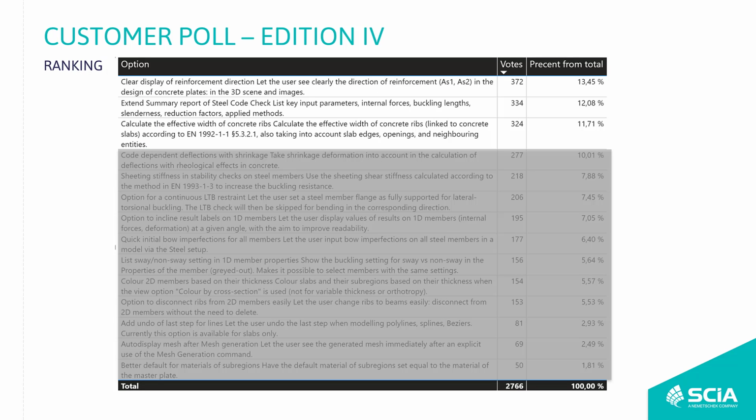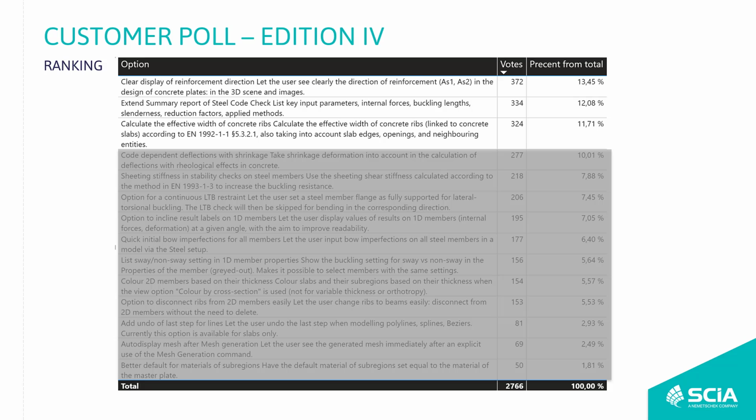Here you can see which items have been in the poll, and the 3 with the most votes. The first one got 13% and it's related to the display of reinforcement directions.